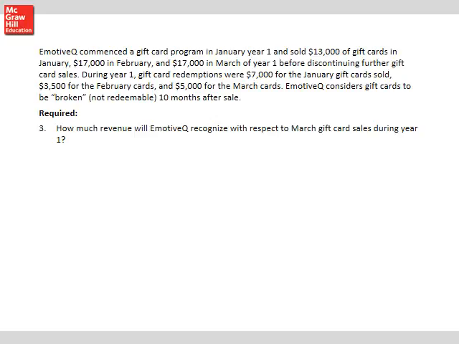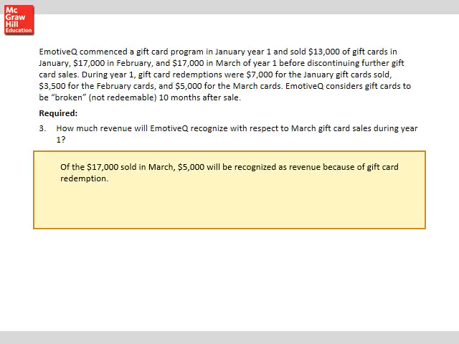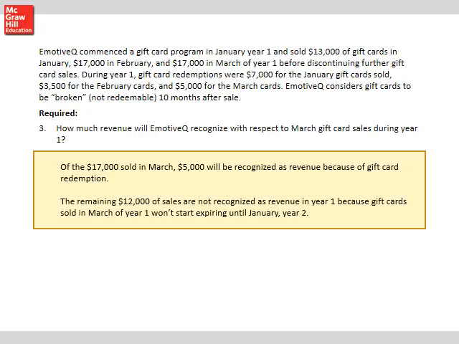However, we redeemed only 5,000 of the March cards, and none of them are broken. So therefore, $5,000 will be recognized as revenue because of the gift card redemption. The 12,000 remaining will not be broken until January 31st.